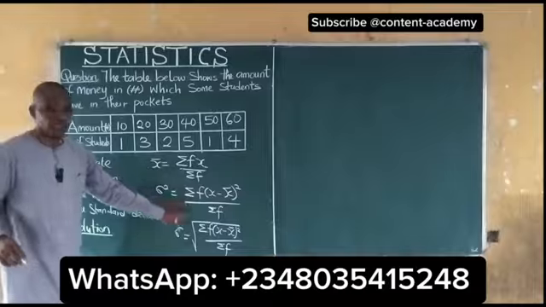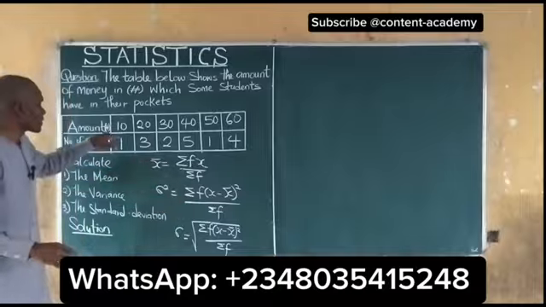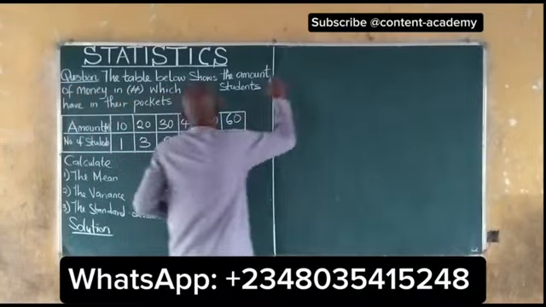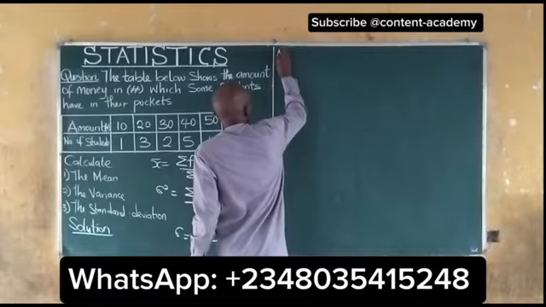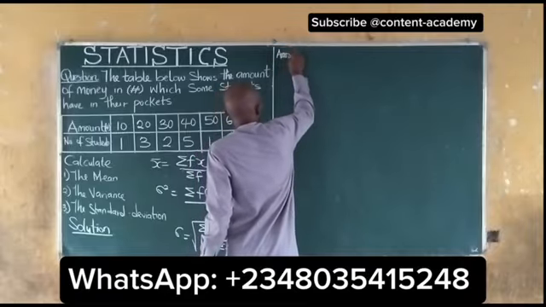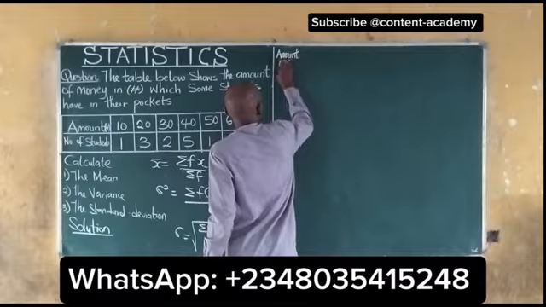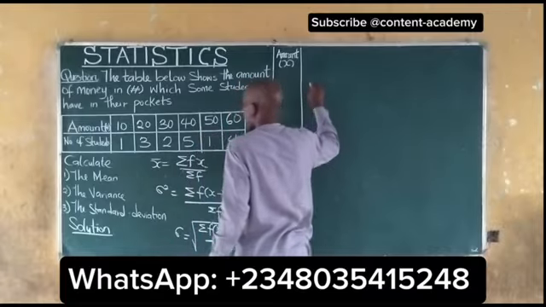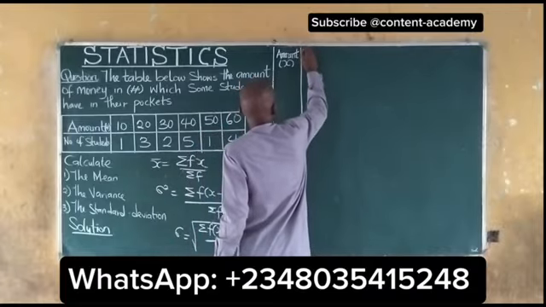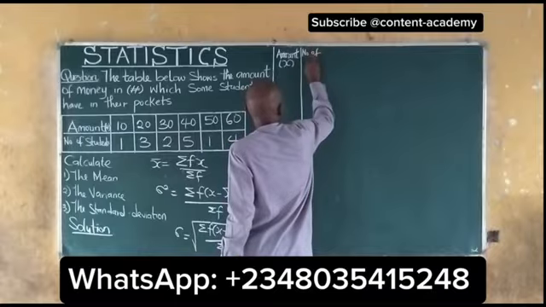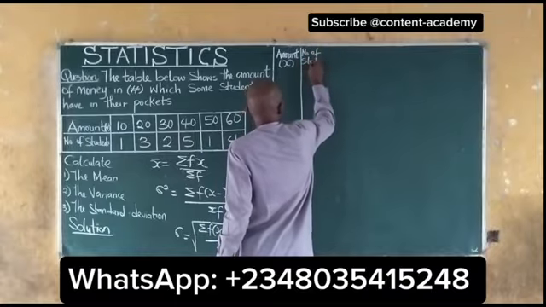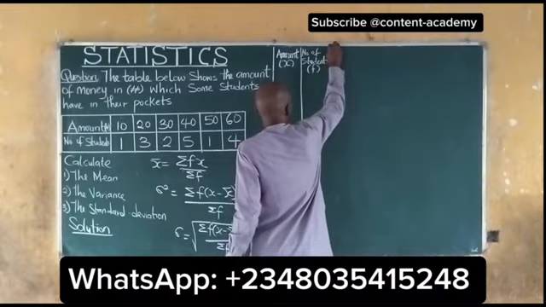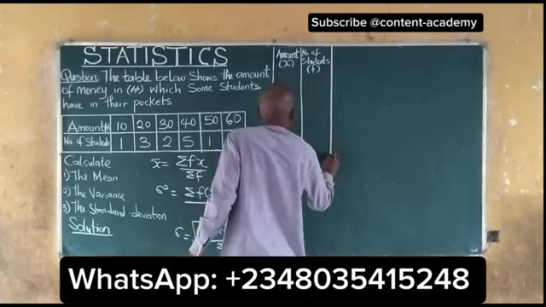For us to compute all of this, we need to rewrite this table. We need to form a table on this. Now, we have amounts, which are our x values. We have number of students, which is our f values, the frequency.